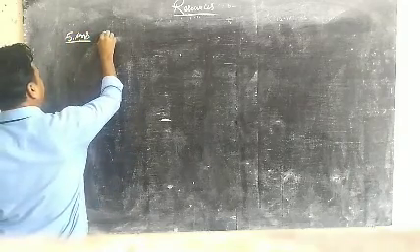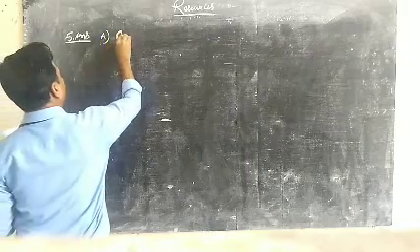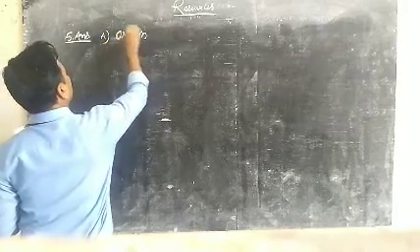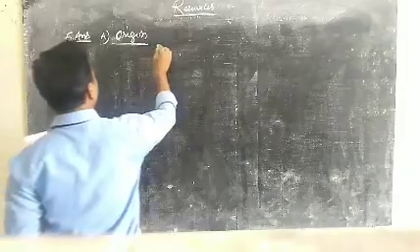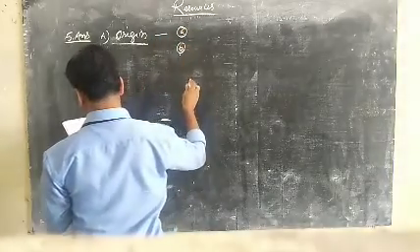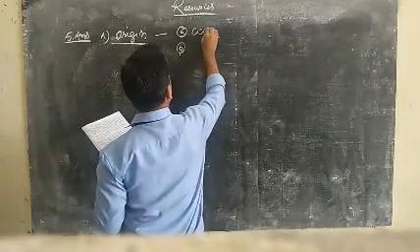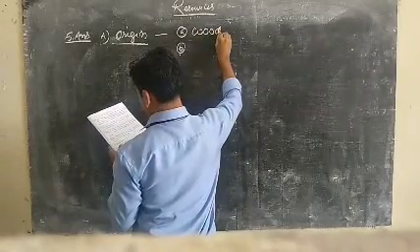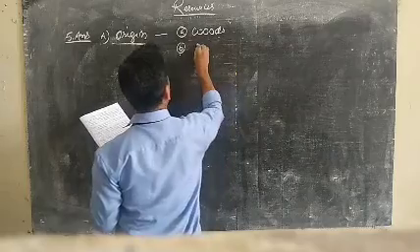Suppose we write A, origin. Under this origin, you can write number A, B. So like wood is an origin, crops.